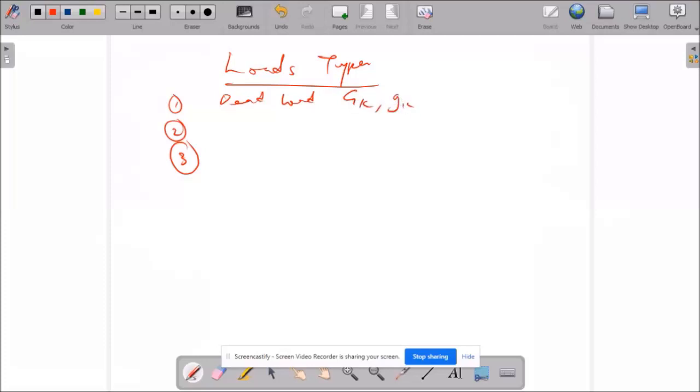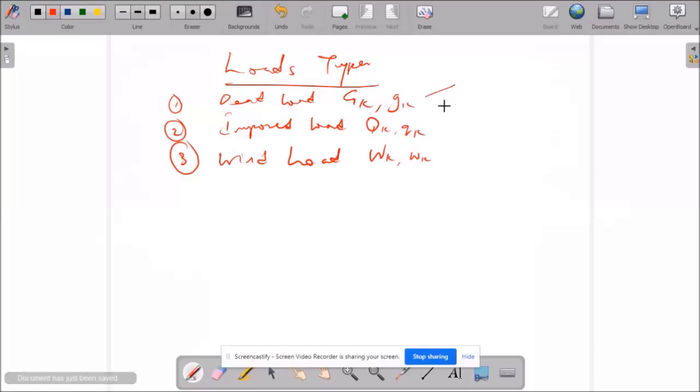We talk about the imposed load, which we call QK, sometimes called live load. Then we talk about the wind load, which is WK. The dead load is the self-weight of the structure and finishes. Then the imposed load, or live load.